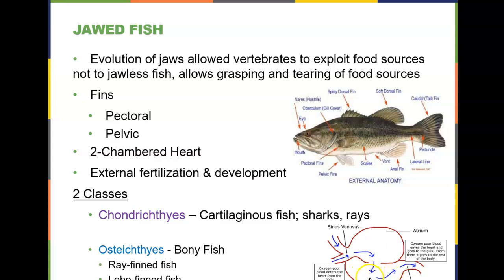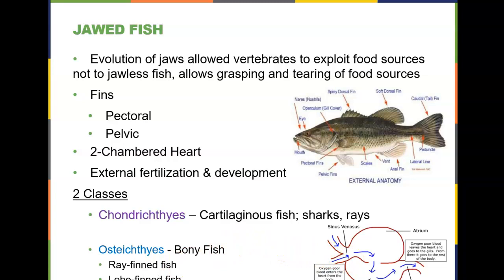So in these fish species, you have oxygen poor blood returning from the body, because they all have a closed circulatory system with blood vessels, into the atrium, and then it gets pumped out to the gills. From the gills it picks up oxygen and goes out to the rest of the body.